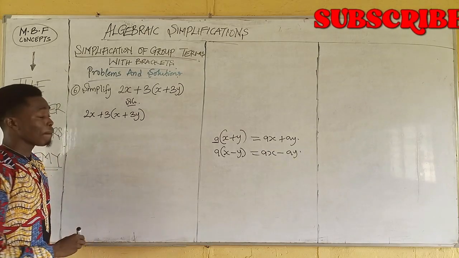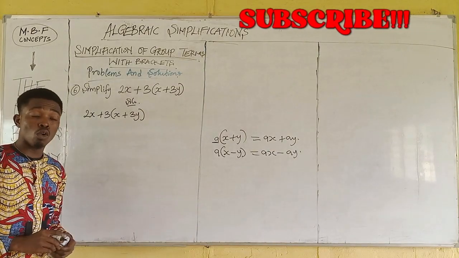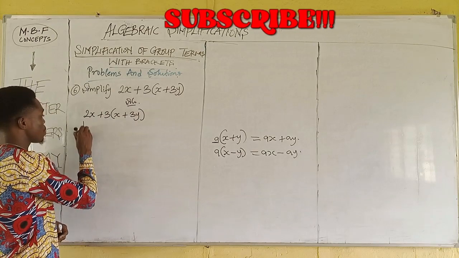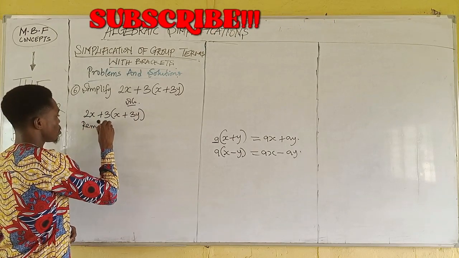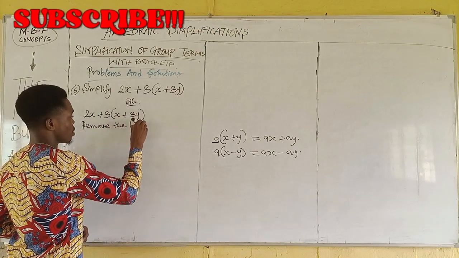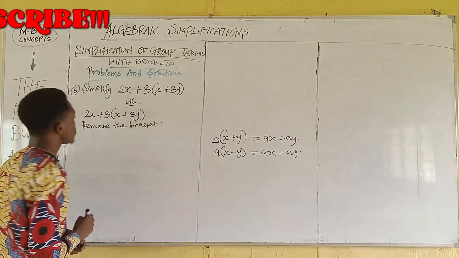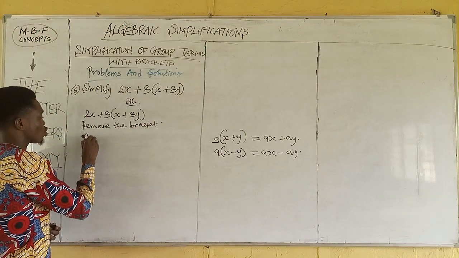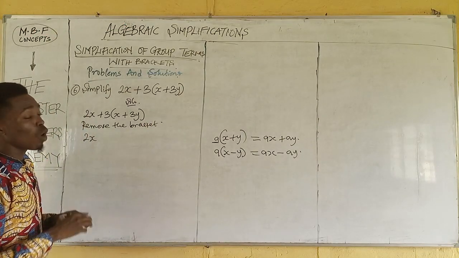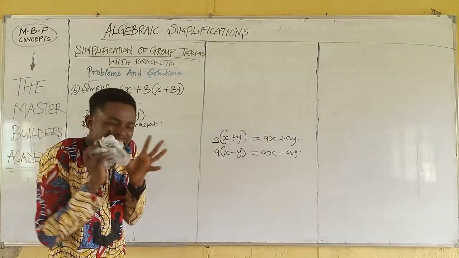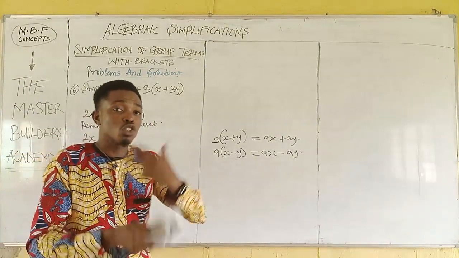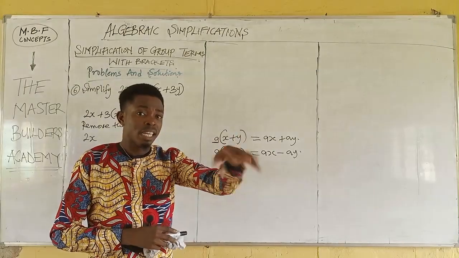So what do we do here? We are going to remove the bracket. So to remove the bracket, we simply pull down 2x. Now understand that the quantity that is directly attached to the bracket is what you use to multiply all the terms inside the bracket.